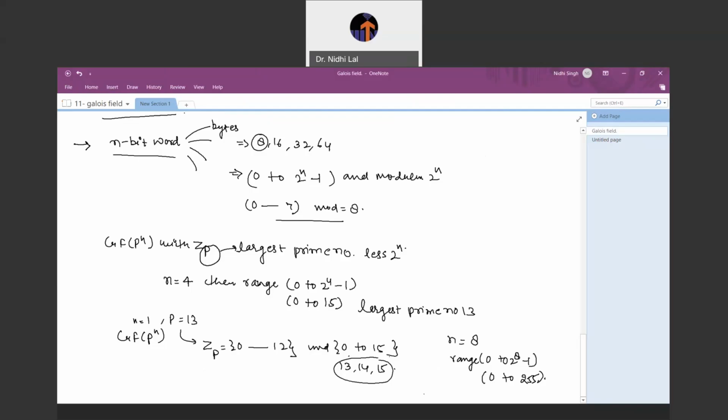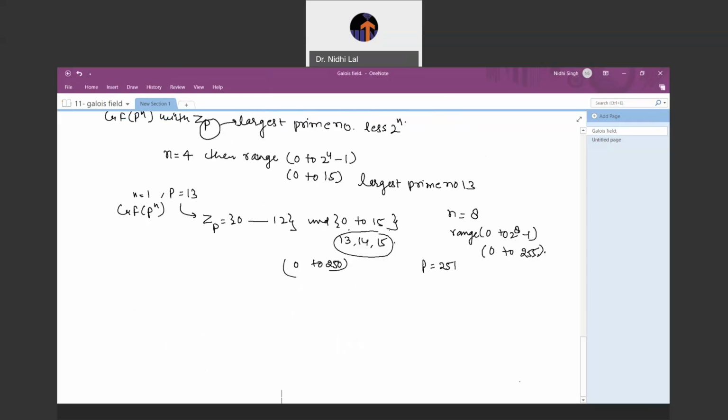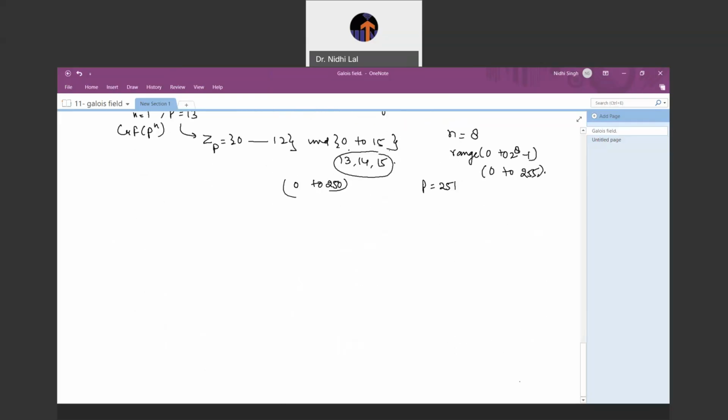That is 251. So if we apply the concept of Galois field GF(p^n), then we can use only the integers from 0 to 250. We cannot utilize the numbers 251, 252, 253, 254 and 255. That's why it is very inefficient for memory related problems, for computer related things.